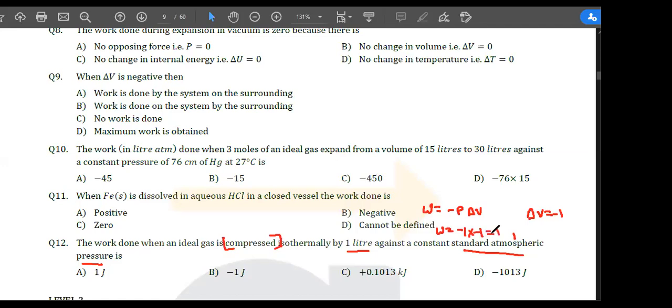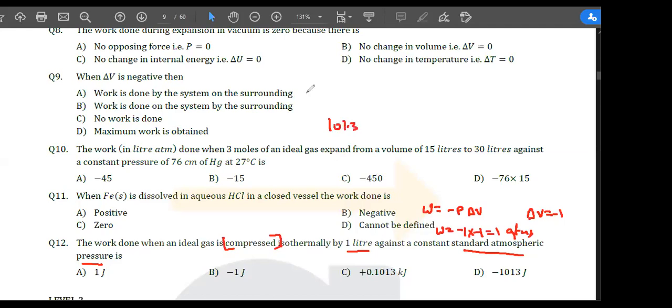As simple as that. So what did you not understand in this? Now this one is atm liter, right? And what is the answer given here? In joule. See, this one will be atm liter. The answer is in joule. So we know that in order to convert atm liter into joule, remember which multiplier it was? 101.3.